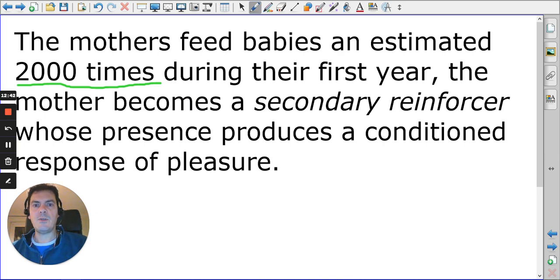Okay, so of course what happens, there's another reinforcer, and we call this a secondary reinforcer, because it's this association between the person who is producing or giving them the pleasure and the response that they feel. Okay, so we say the mother at this particular stage is that person. So every time they have this reduction in their primary need and feel better, the mother is present.